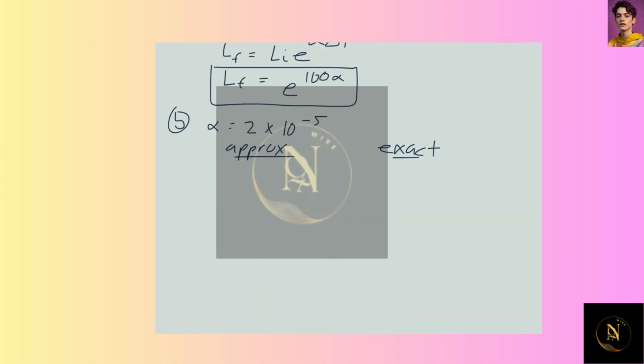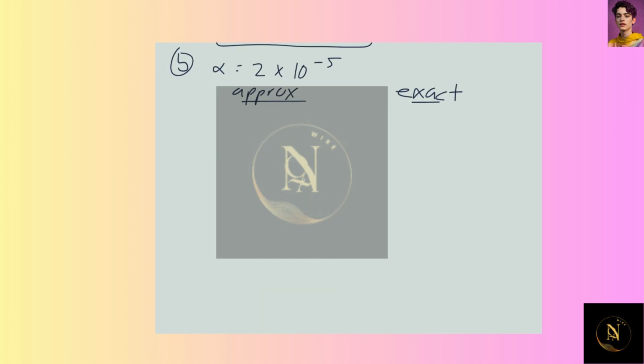So the approximation for this linear expansion coefficient is LF is equal to Li times 1 plus alpha delta T, which is, well, Li is 1 meter, so just 1 plus 2 times 10 to the negative 5 times 100. You should find that LF is equal to 1.002 meters this way.